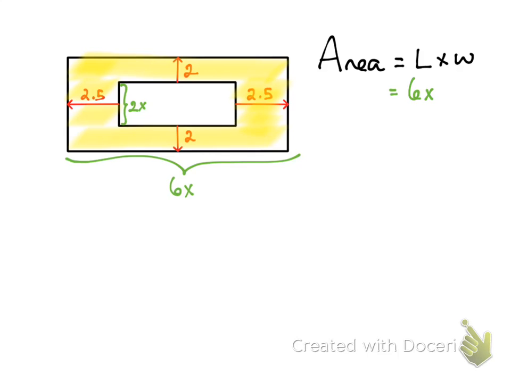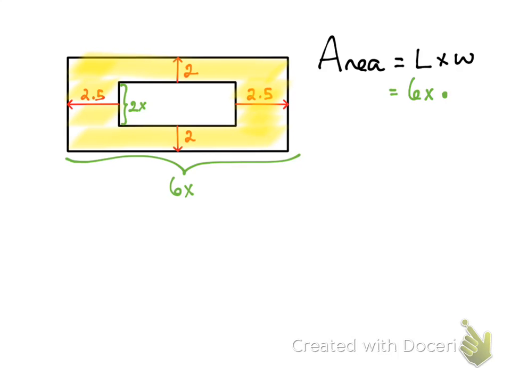So this is equal to 6x times, and notice that I'm making my multiplication a dot. The reason I'm making it a dot is because if I have the variable x there and I put another x for multiplication, it gets a little bit confusing. So multiplication is now a dot.